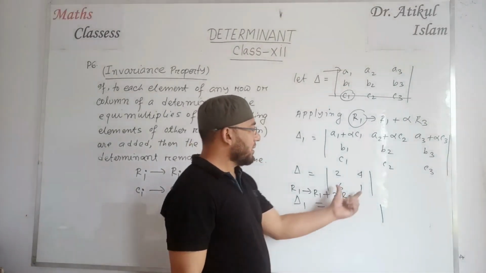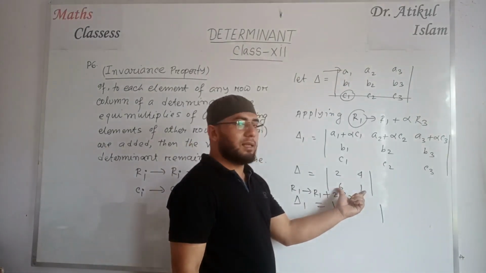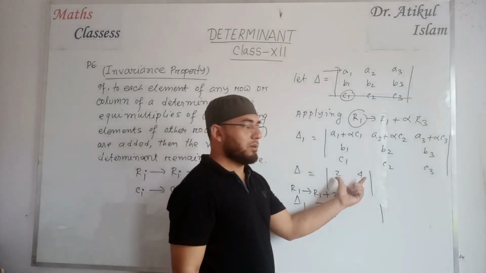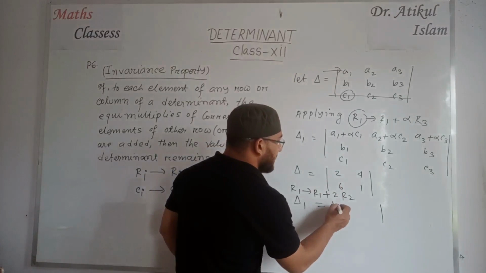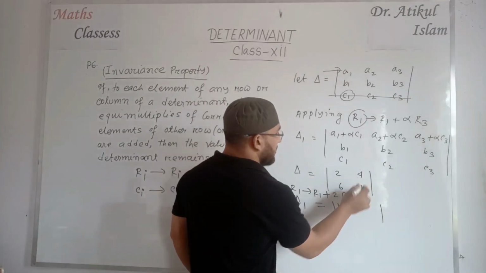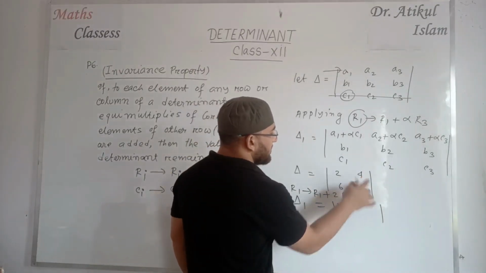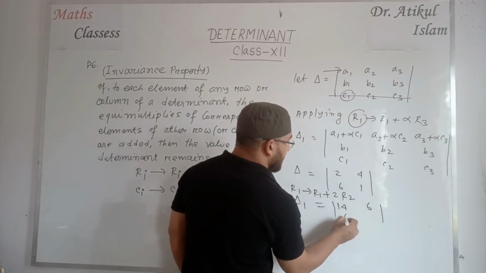That is, you have to multiply the second row by 2, and then add it to the first row. So if you multiply, 12 plus 2, that is 14. So here will be 2 plus 4, that is 6. And here will be 6.